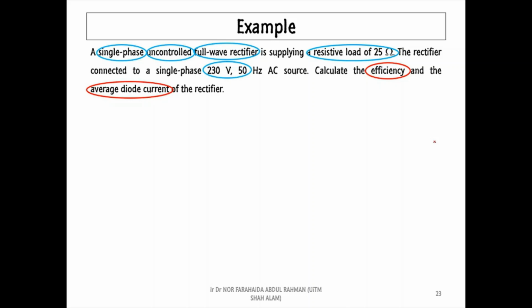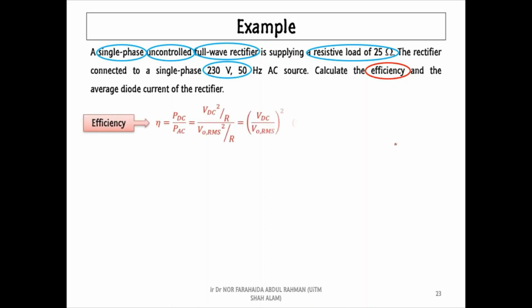So based on the problem, I will start with the efficiency. It is good to start from the efficiency equation because we will know which parameter values we need to find. Based on the equation, we now know that the efficiency can be calculated using the average and RMS output voltage of the rectifier.